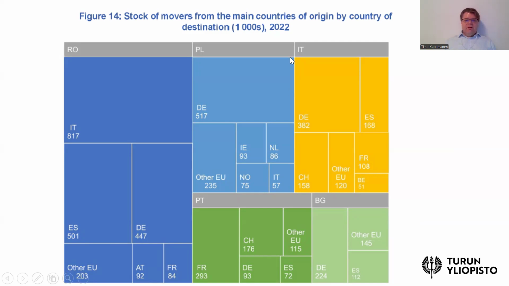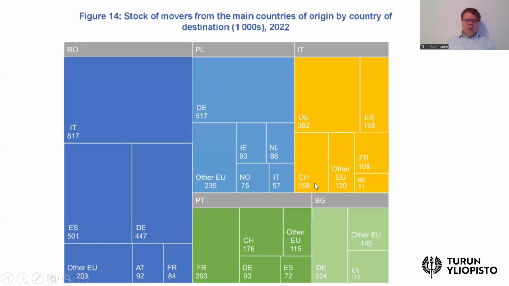So in the middle we have Poland, and not surprisingly, a large chunk, almost half of Polish migrant workers, have gone to Germany, the neighboring country for Poland. For Italian workers, Germany has also been the biggest destination, followed by Spain and the neighboring country Switzerland.